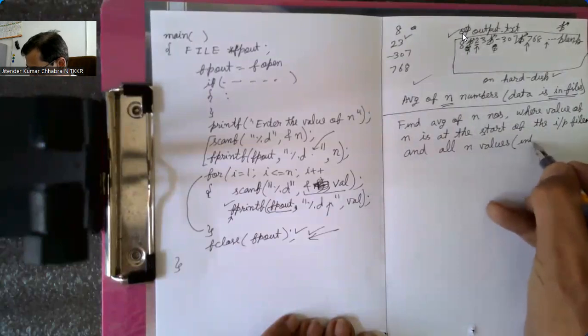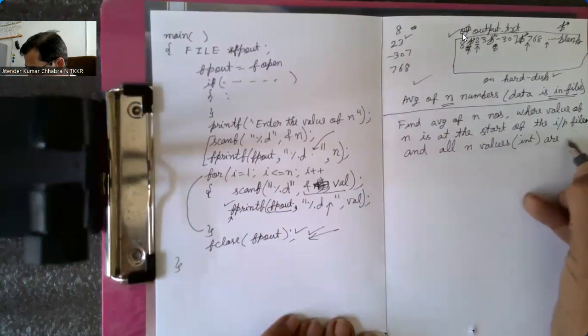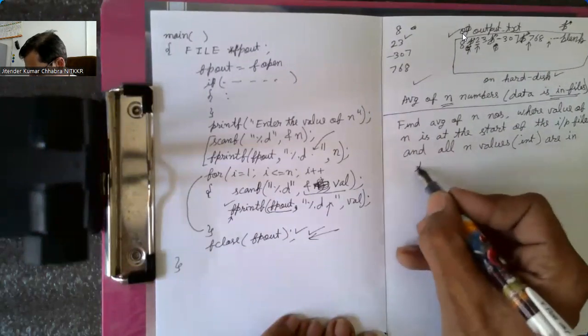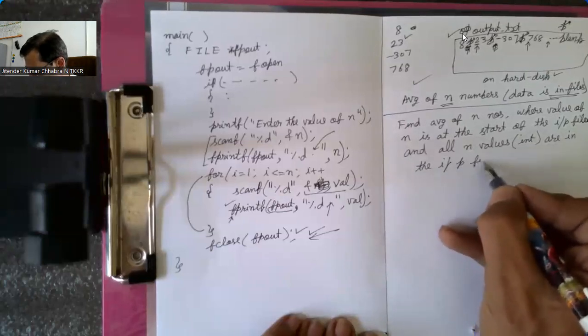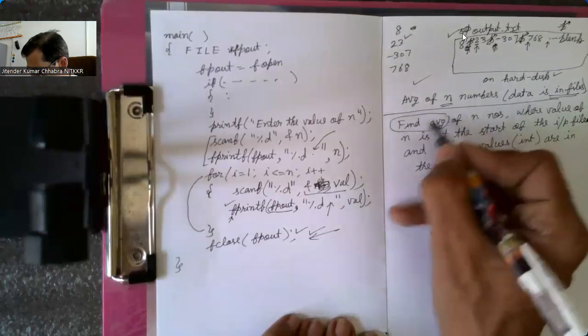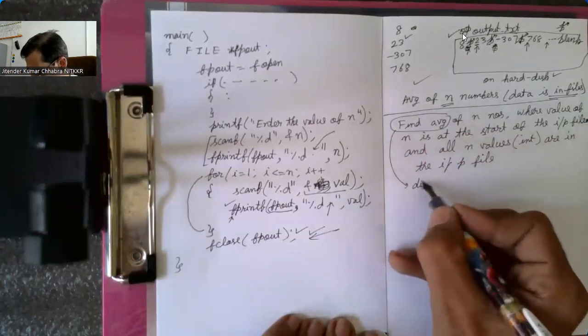That is, let's say integer values are in the input file. And you want to find the average, and let's say display it on the screen.